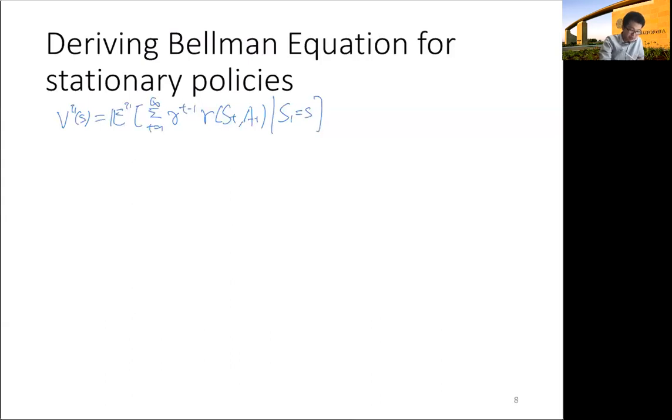Now let's strip out the first item as before, the case where t is equal to 1.